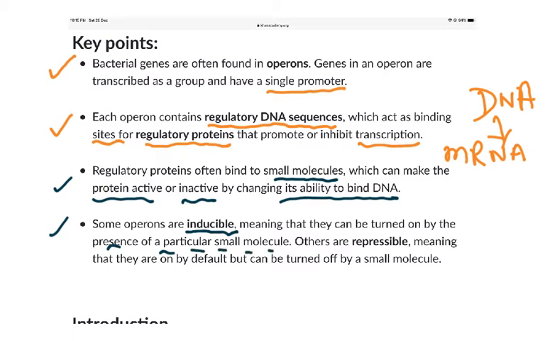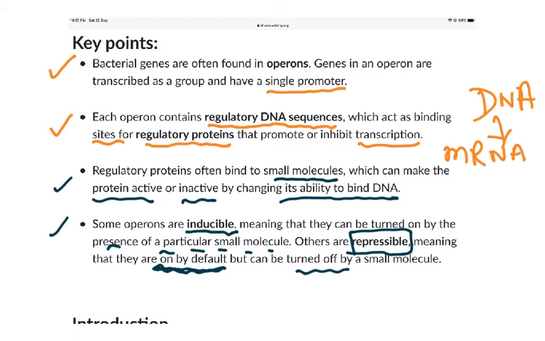So those are inducible operons, and others are repressible operons, meaning that they are on by default. They are on by default, but can be turned off by a small molecule. So please understand these key points and then proceed on to the next part that we are going to be studying in detail.